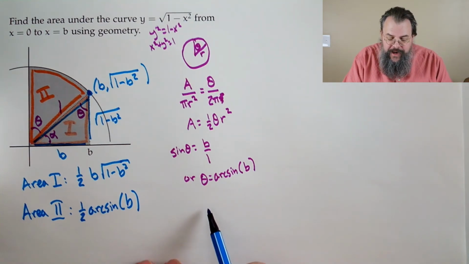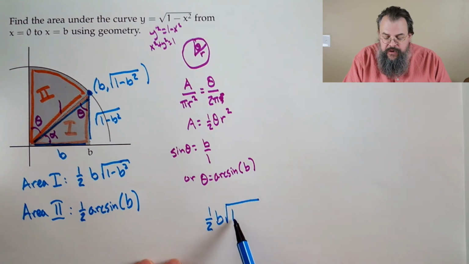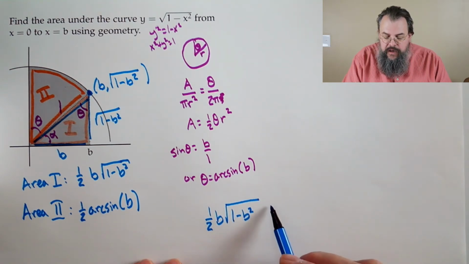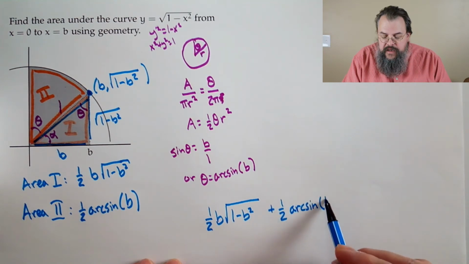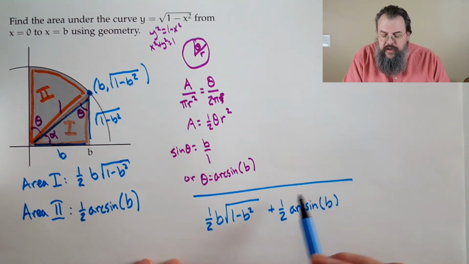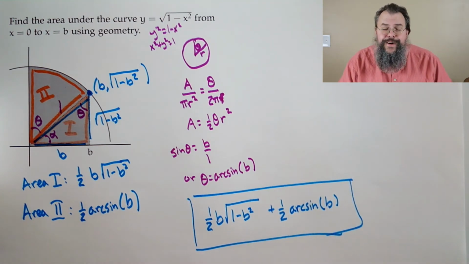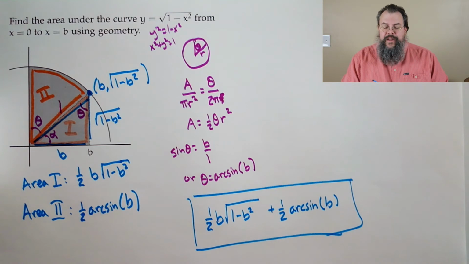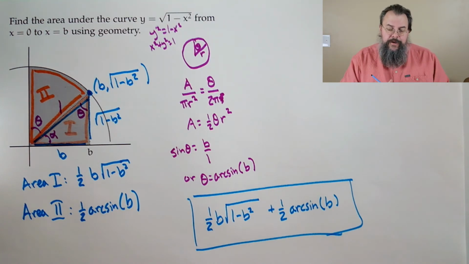So our final answer, 1/2 times b times square root 1 minus b squared plus 1/2 times the arcsine of b. And there we go. Wow, what an amazing answer. You think about a circle, you think, wow, it seems a little bit more complicated than you might have anticipated. But okay, so at least we know the area.